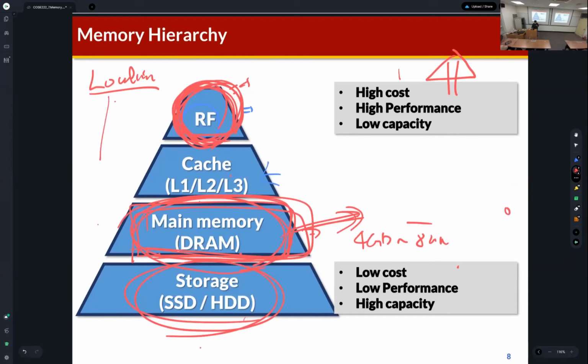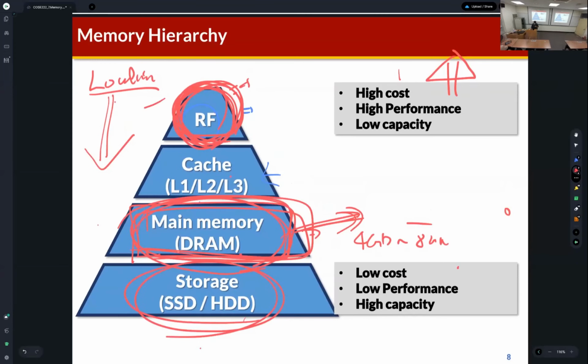Locality explains why we organize memory hierarchy. So what does locality mean? Frequently accessed data: if a certain data is accessed, then this data will be frequently accessed again and again.